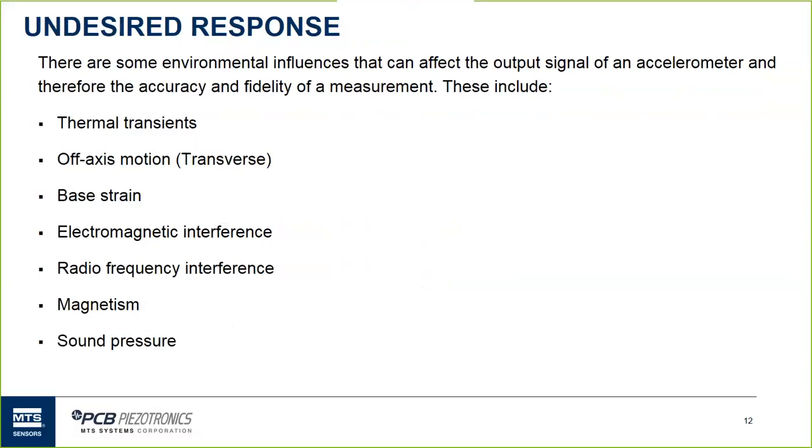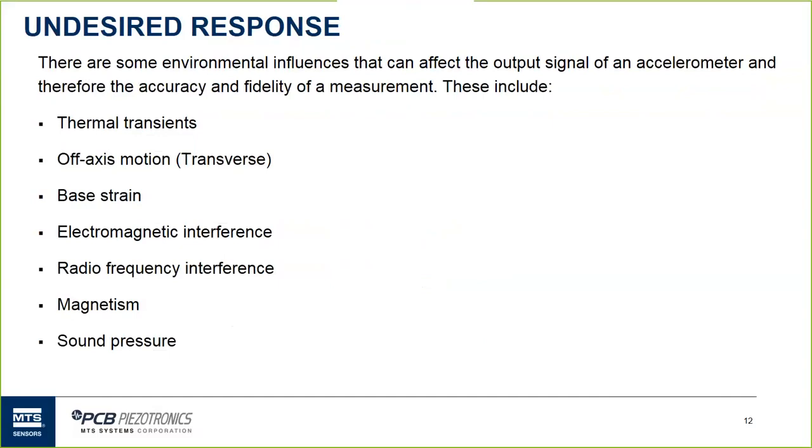So what are some of the undesired responses that would affect the measurement or the fidelity of that application? Thermal transients, and of course thermal transients would be not a soaked environmental change, but a large change in temperature that occurs over a short period of time, and the sensing element material and the construction of the sensor element controls and dictates how that sensor responds to temperature.